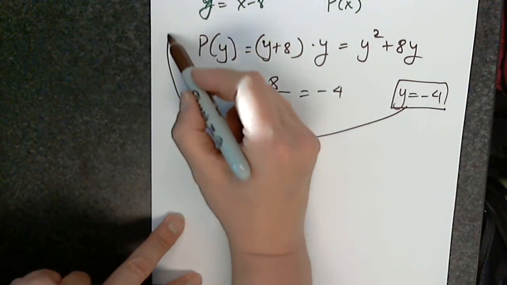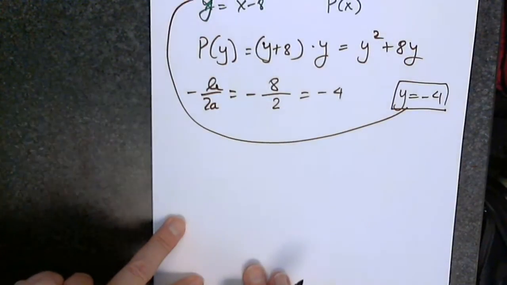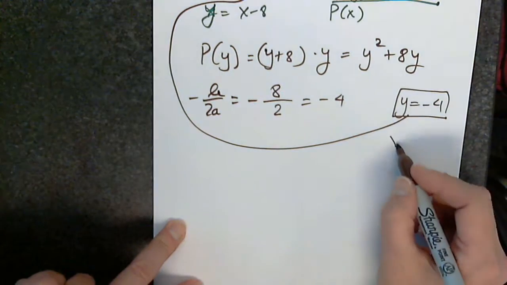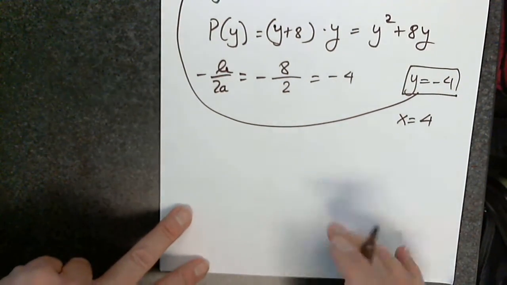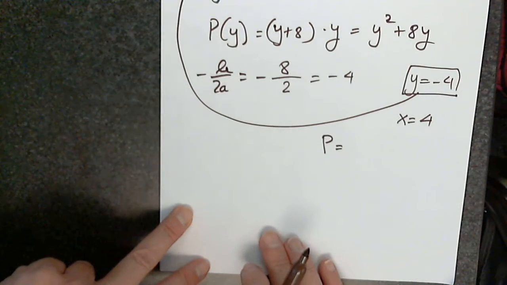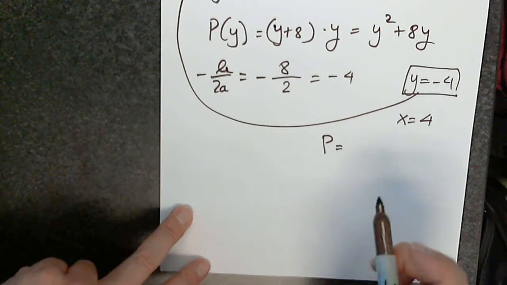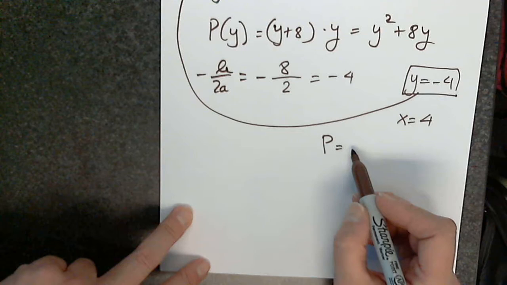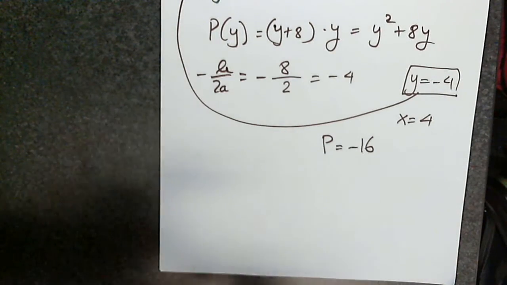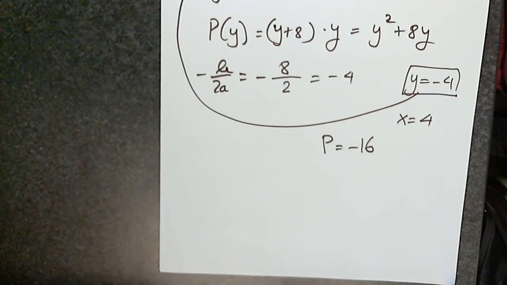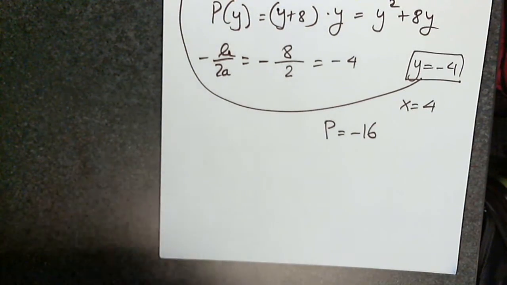If y is negative 4, can anyone give us the other number? x equals 4. So what will be the product of these numbers, which is definitely the minimum? Negative 16. So the product of x and y is negative 16. And now I have to write it in words.